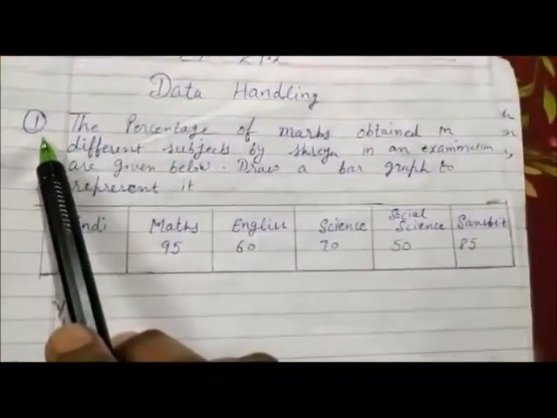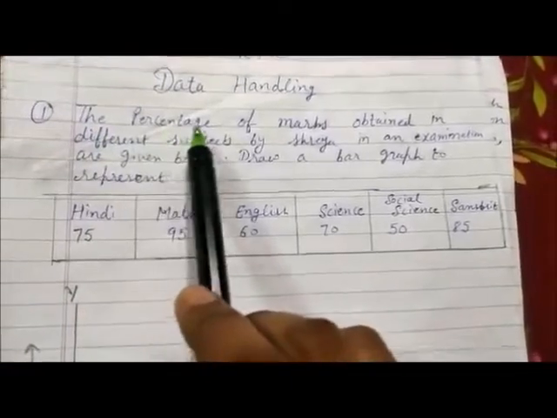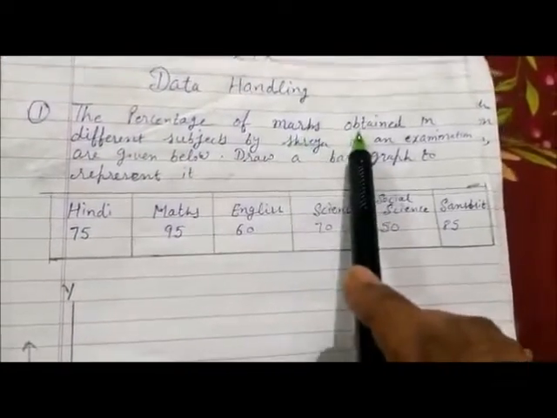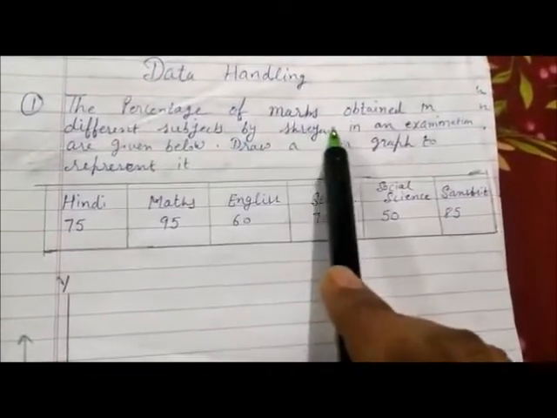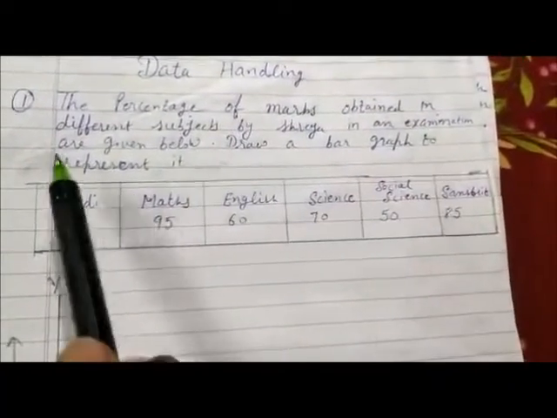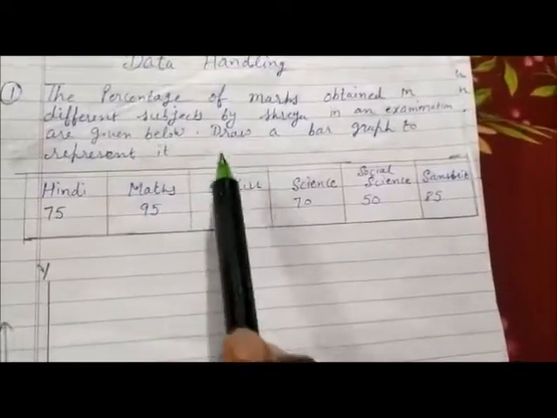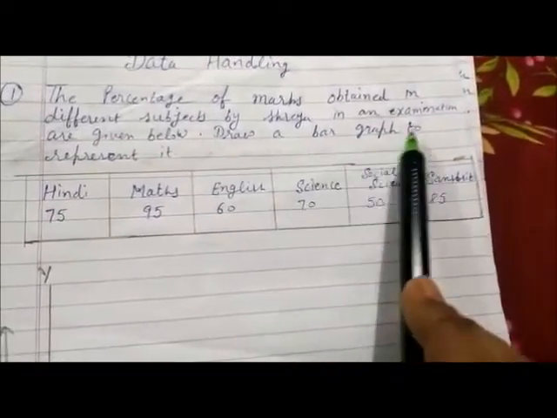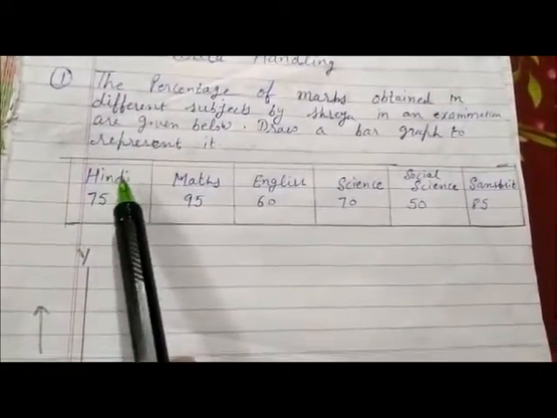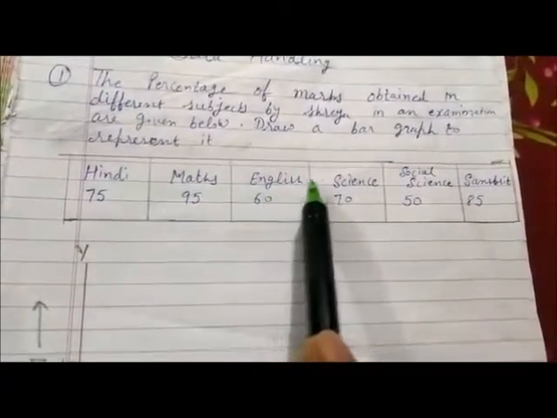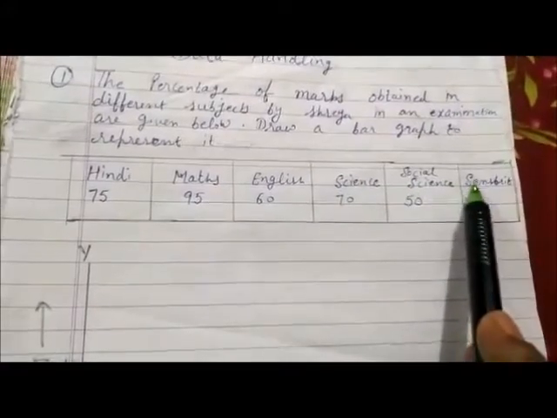And the first sum is: the percentage of marks obtained in different subjects by Shreya in an examination are given below. Draw a bar graph to represent it. Marks are given here: subjects Hindi, Maths, English, Science, Social Science, Sanskrit.